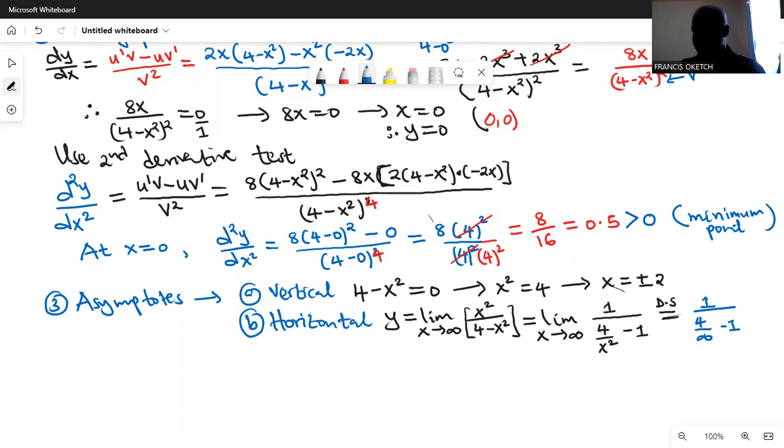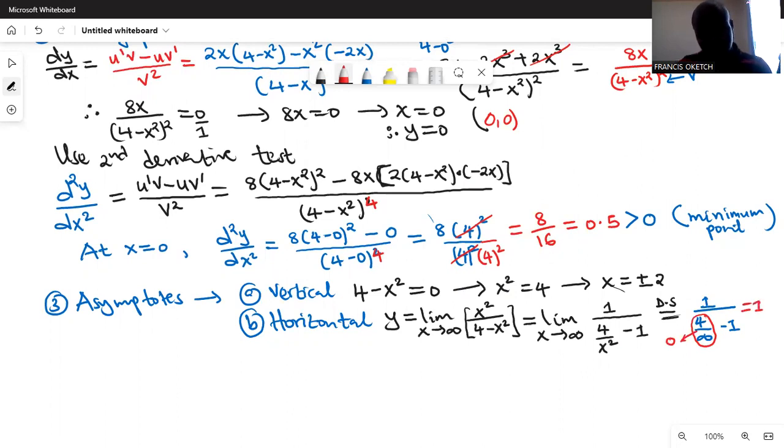A big number squared is still a big number, and when you divide by a very, very big number, the result should always be 0. So we expect that 4 over infinity should be equal to 0. So we have 1 over 0 minus 1, and so that is equal to 1.